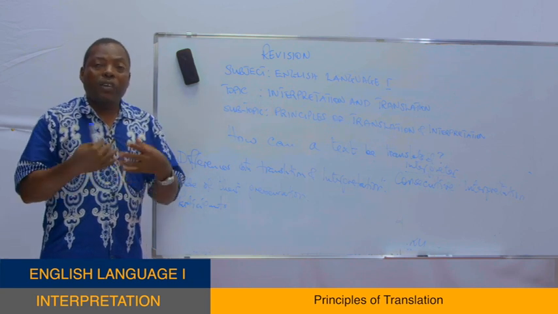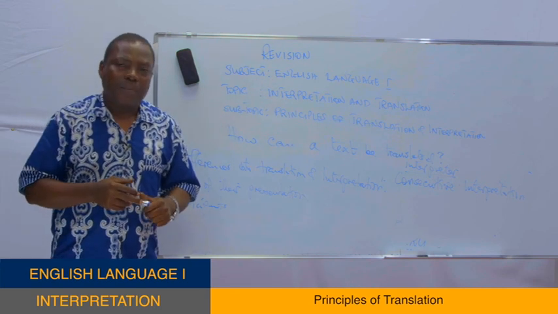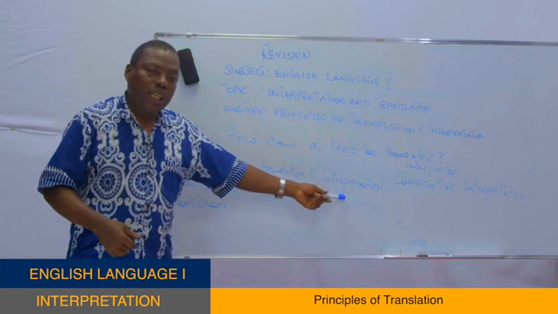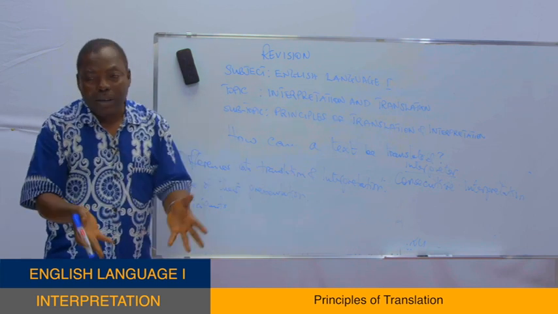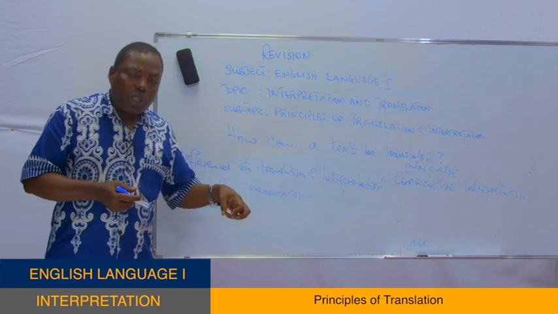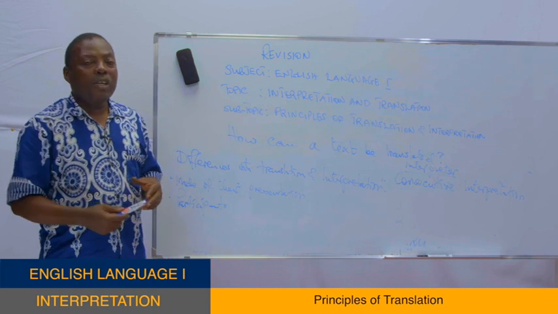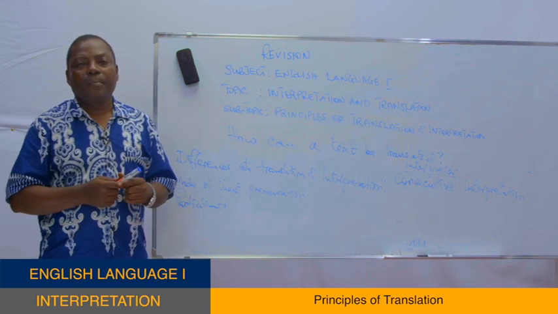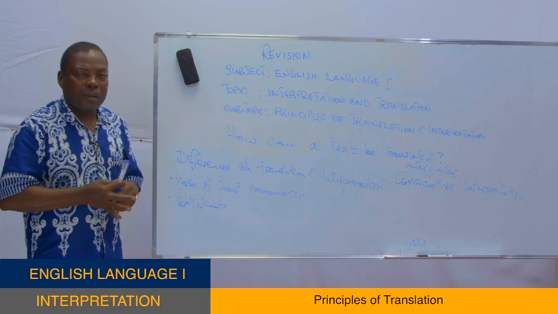The audience or the readers are somewhere in unknown places. Different from interpretation, whereby the participants during the process are all present at the scene. You have the source speaker, you have the interpreter, and you have the audience at the same place. So here there is face-to-face interaction.